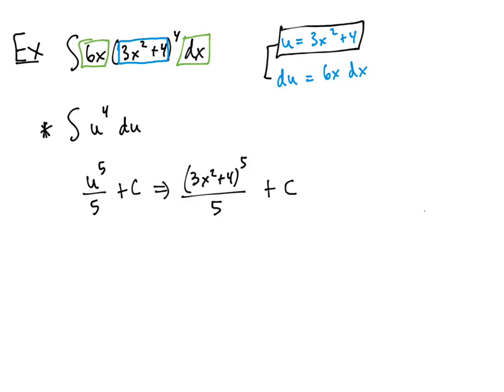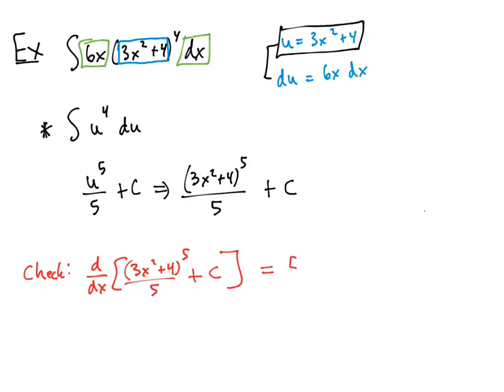And again, we could check this, and this time make sure you actually apply the chain rule. We want to take the derivative of 3x squared plus 4 raised to the fifth power divided by 5 plus c.